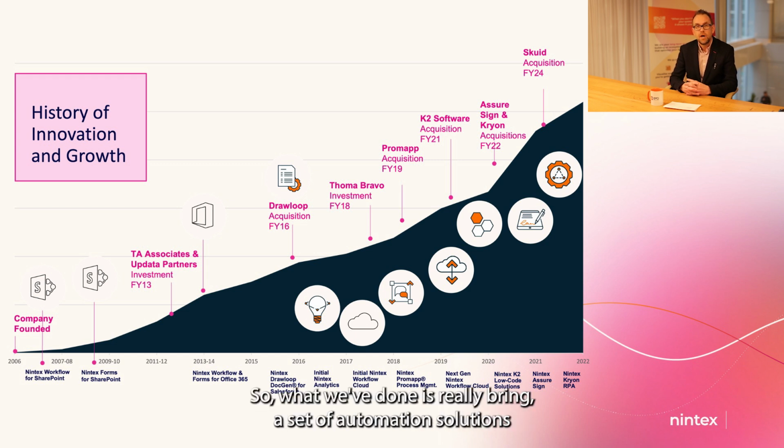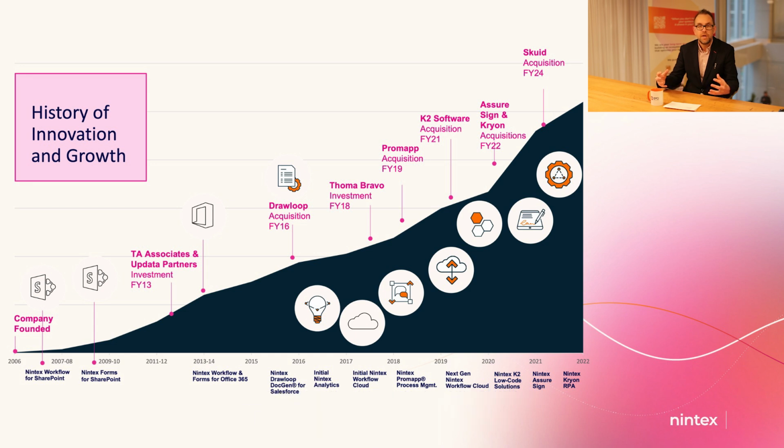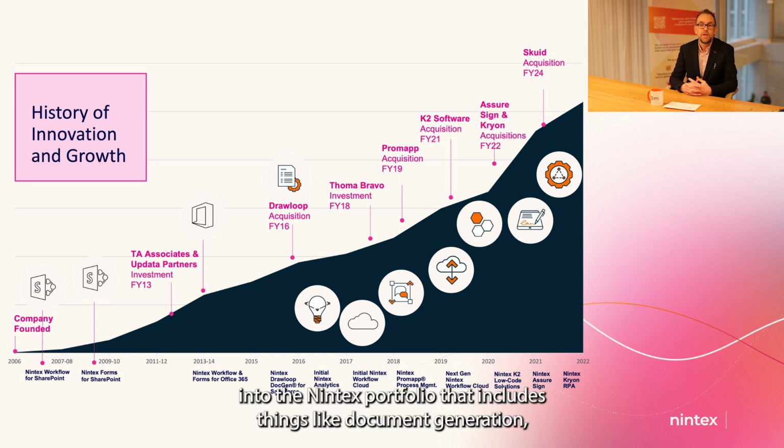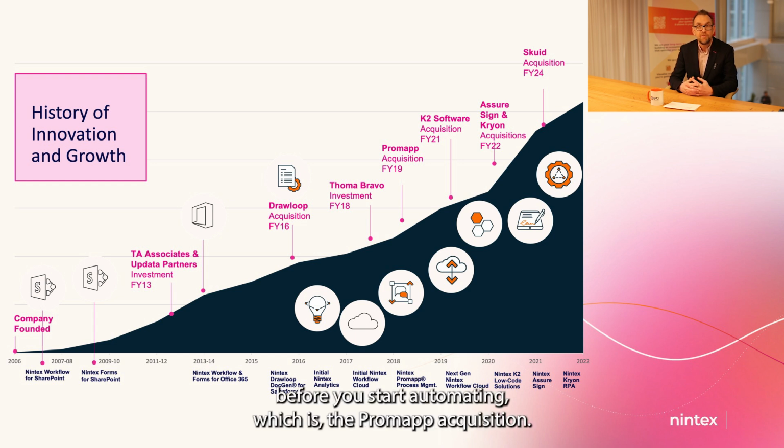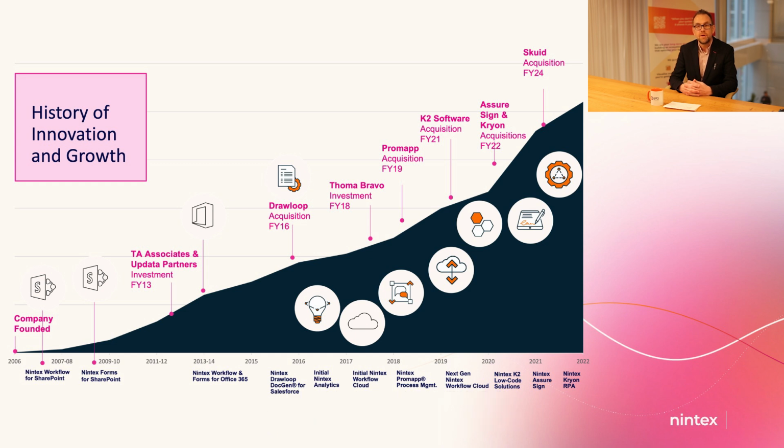So what we've done is really bring a set of automation solutions into the Nintex portfolio that includes things like document generation, the ability to map out and understand processes before you start automating, which is the ProMap acquisition.